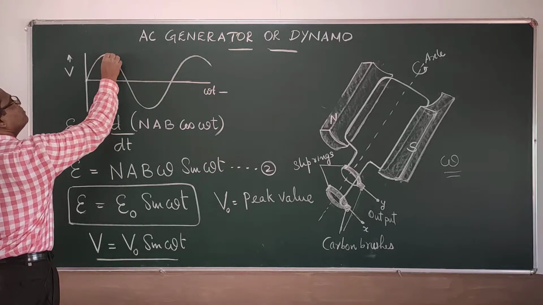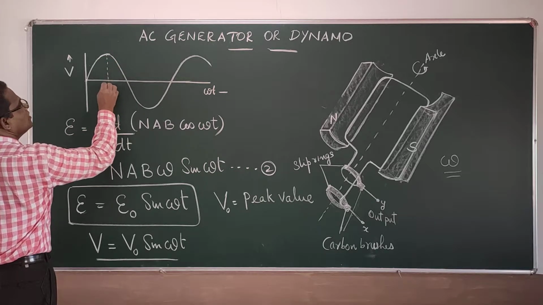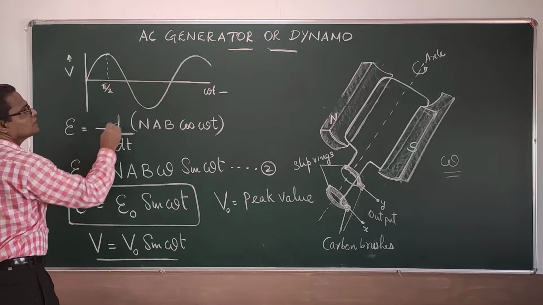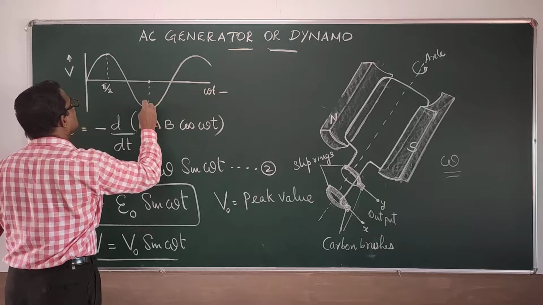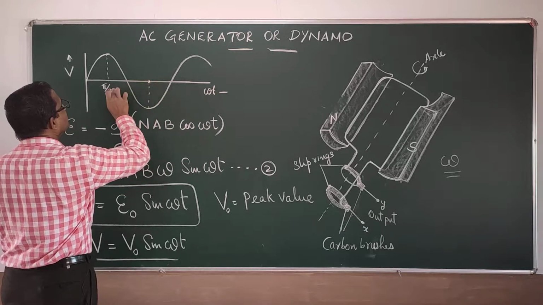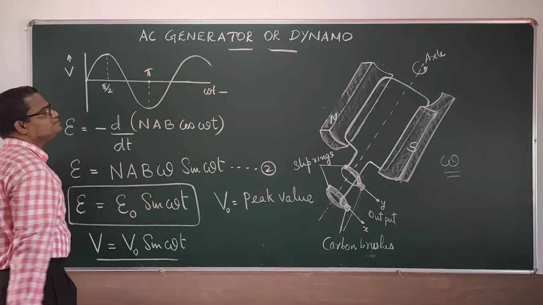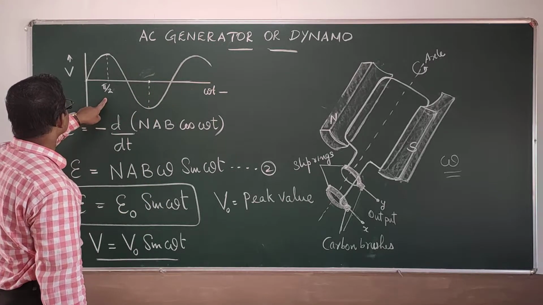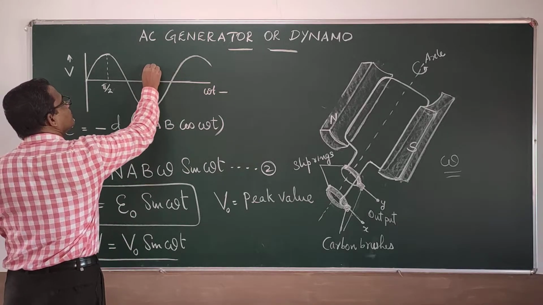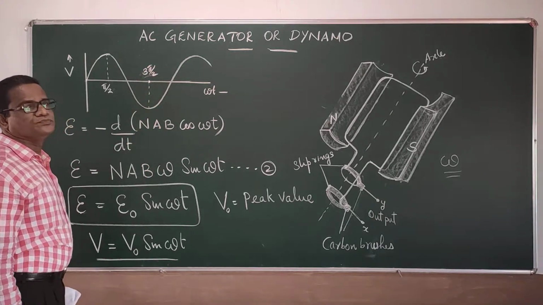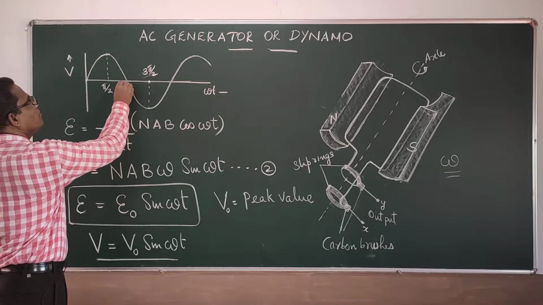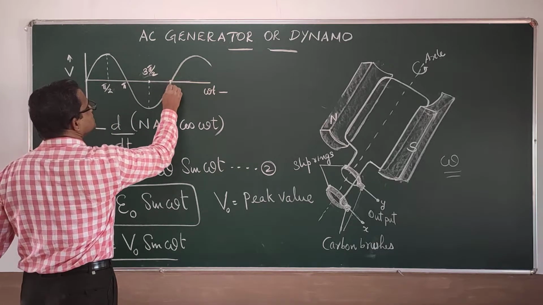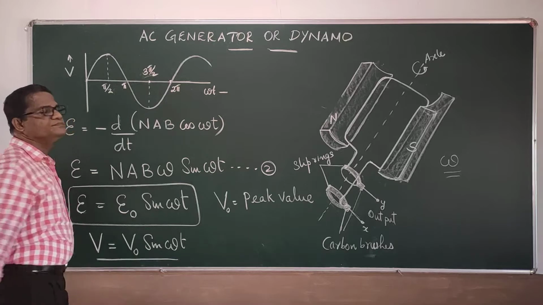The peak reaches at pi by 2, and the negative peak comes at 3 pi by 2, and here is pi, and here it is 2 pi.